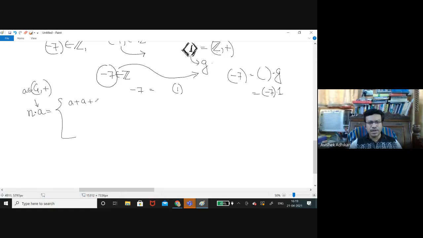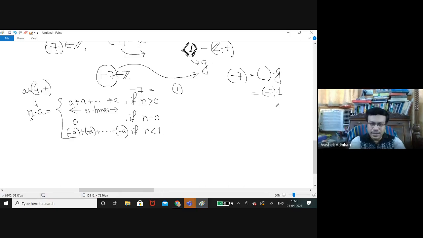It is A plus A plus A, n times, if n is greater than 0. This is an integer. If n equals 0, the value is 0. And the value is minus A plus minus A plus minus A, if n is less than 0.